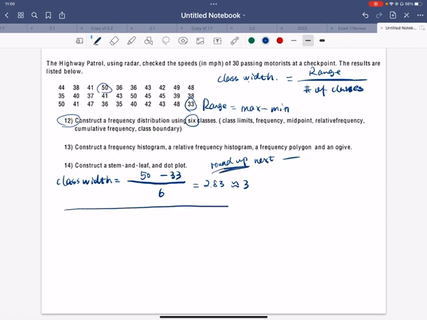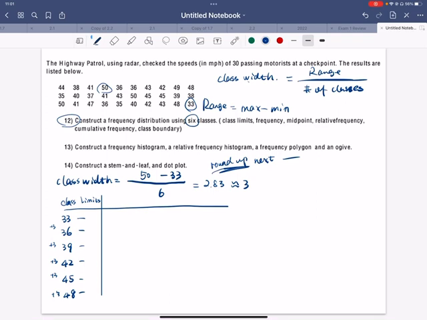Now let me have my table ready. Here we have class limits. We like to start with the minimum, which is 33. Then we add the class width to find the next lower limit. I will stop at 6 classes.